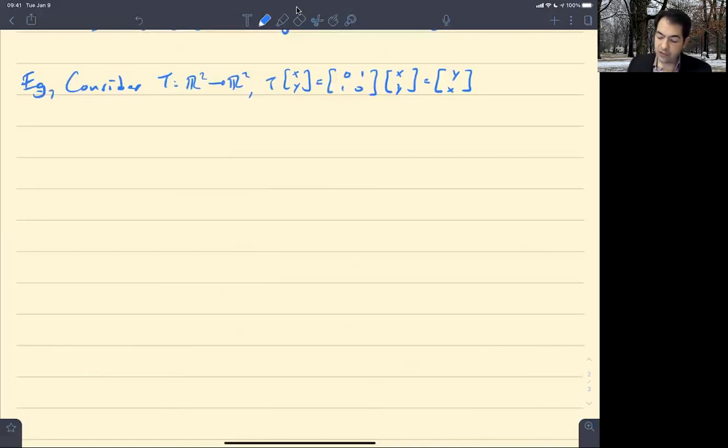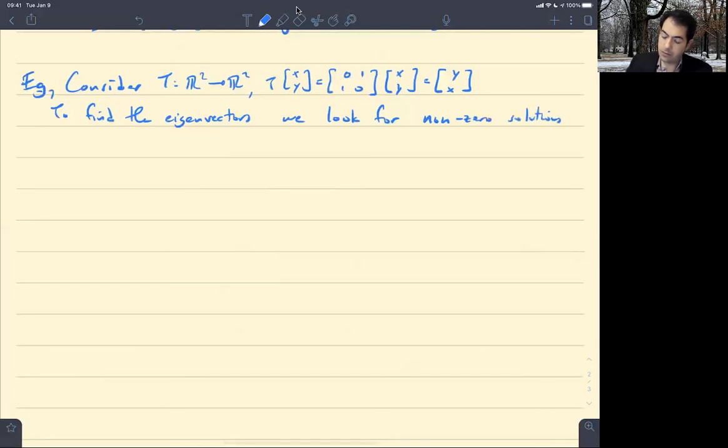Okay, so in this case, maybe you can find the eigenvectors by inspection again, but let's just work things out algebraically. So to find the eigenvectors, we look for non-zero solutions of T of (x, y) equal to lambda times (x, y).